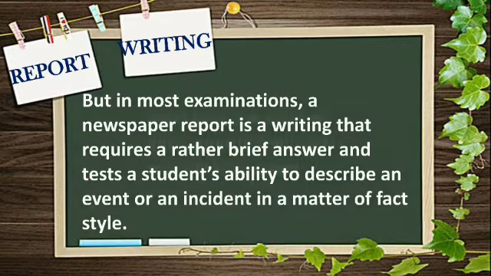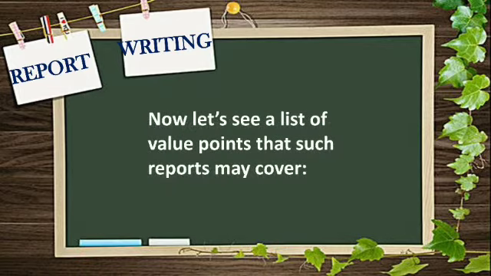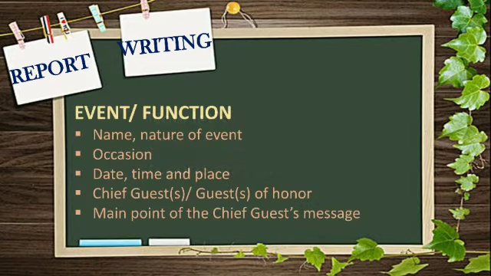So let us see what are the other important things for report writing. Let's see a list of value points that such reports may cover. Suppose a reporter wants to write the report of an event or a function.